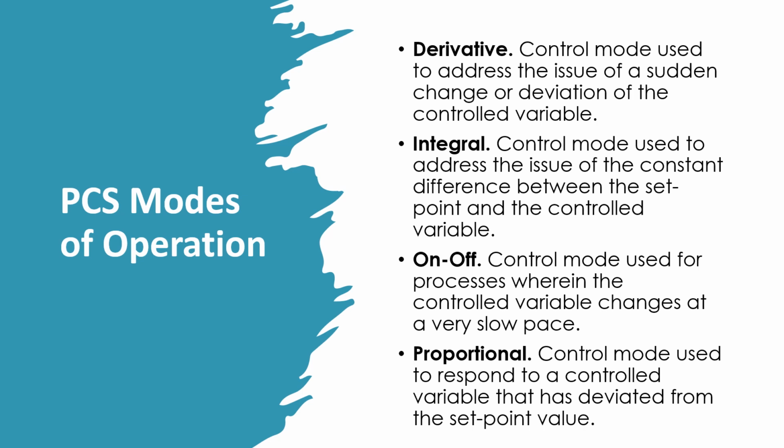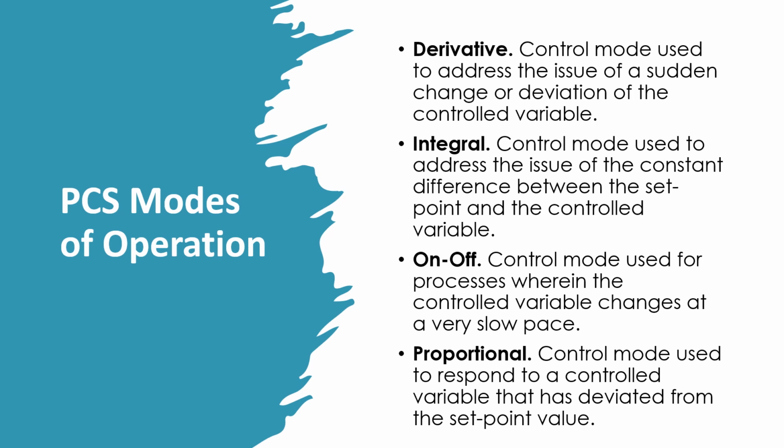As the controlled variable value reaches the upper set value, the controller is turned on or off accordingly. Likewise, when it reaches the lower set value, the controller is turned on or off in response to the set condition.